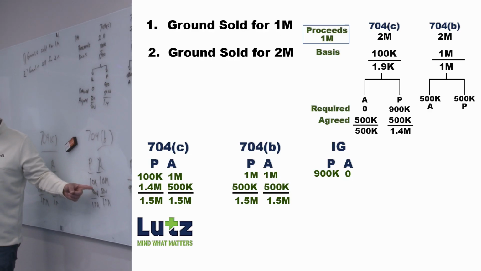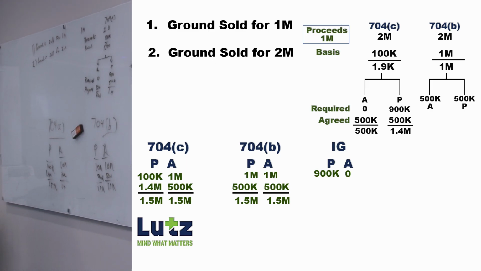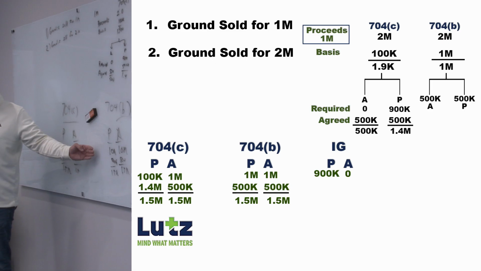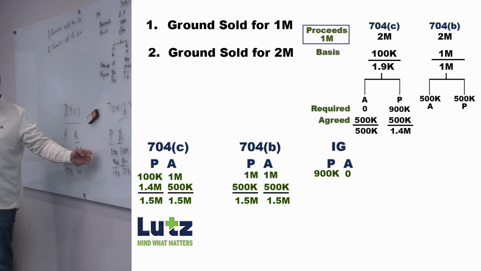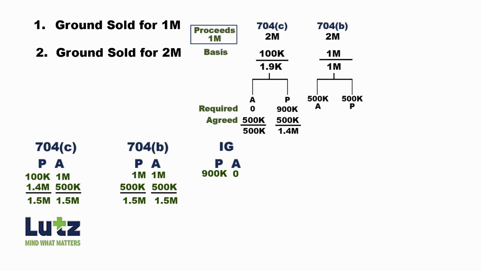In this case, it was $1 million that appreciated to 2 million. You have a gain-loss calc that occurs for 704B, and your basis for that gain-loss calc is what amount did you agree upon was the fair value of that particular asset at the date of contribution. And your 704C kicks out what's required versus what's agreed upon. Gotcha.